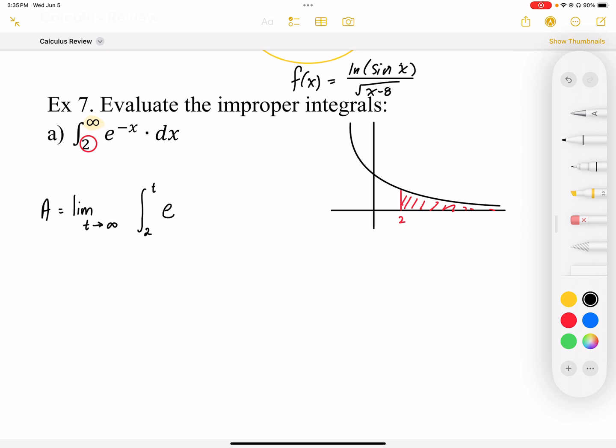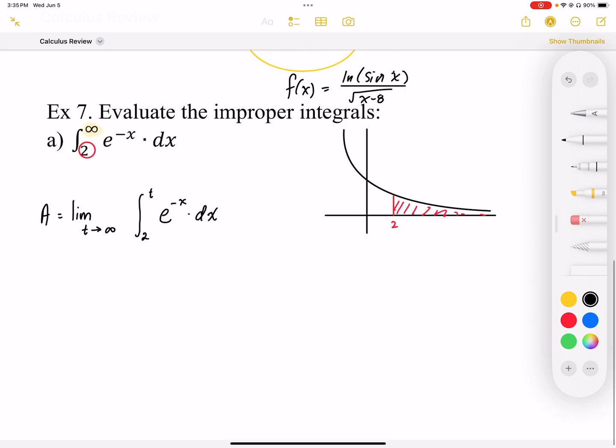And that's the integral from 2 to t of e to the negative x dx. Okay, so I have that. All I need to do then is do this all properly while keeping the limit notation. T goes to infinity.